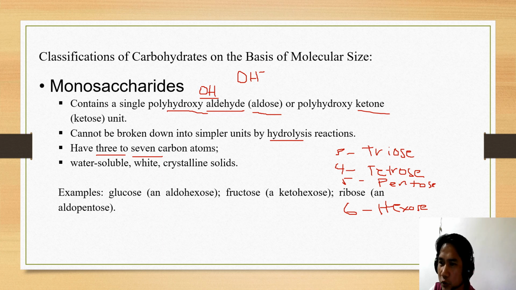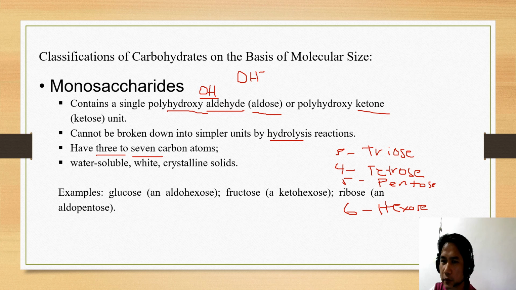So, a 3 carbon atom, triose. Okay, a 4 carbon atom, tetrose. A 5 carbon atom, pentose. 6 carbon atom, hexose. Generally, they are water soluble.